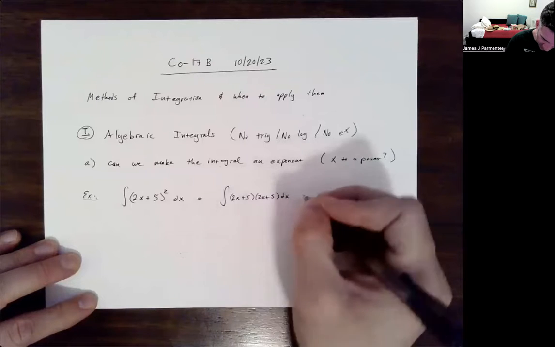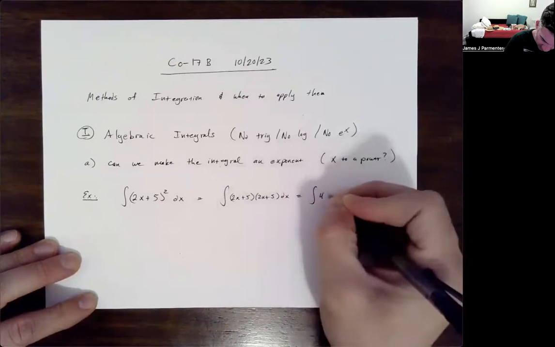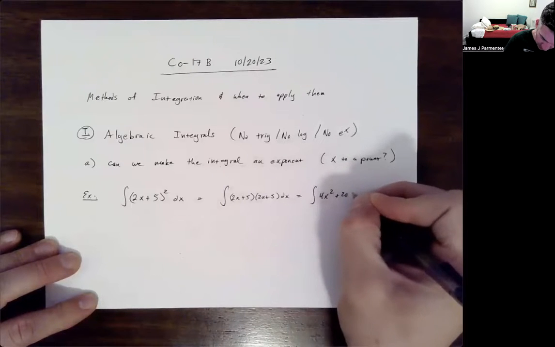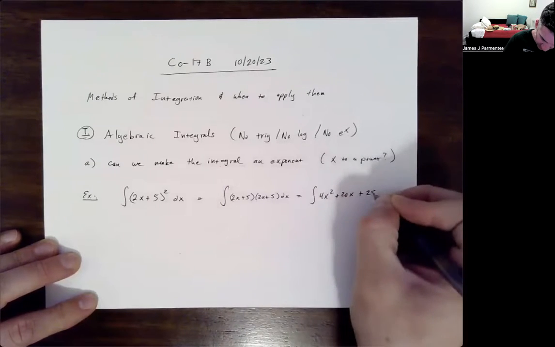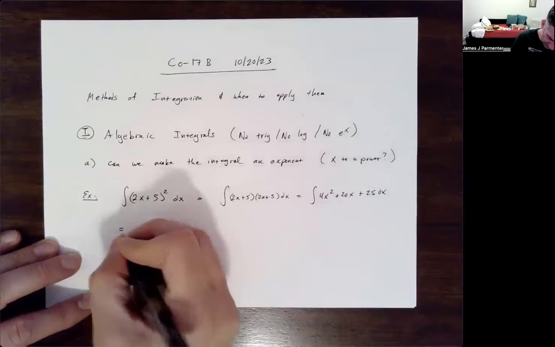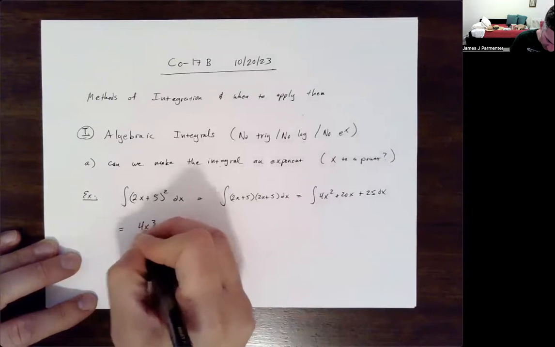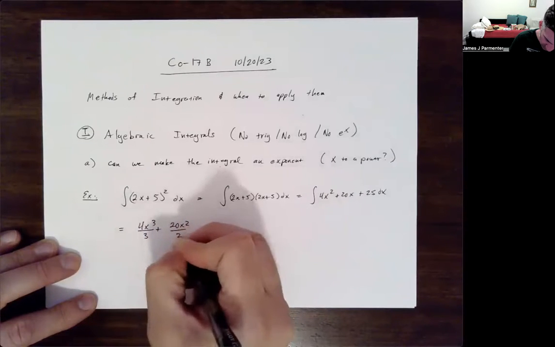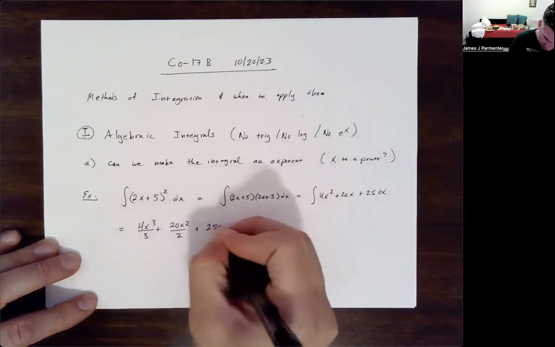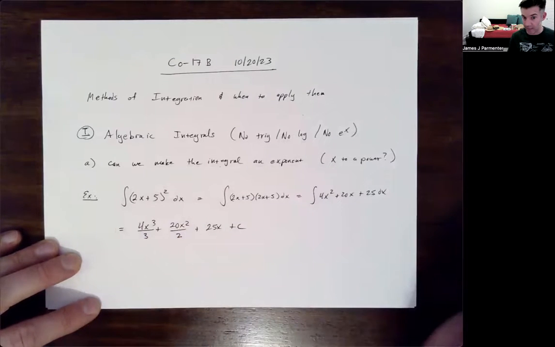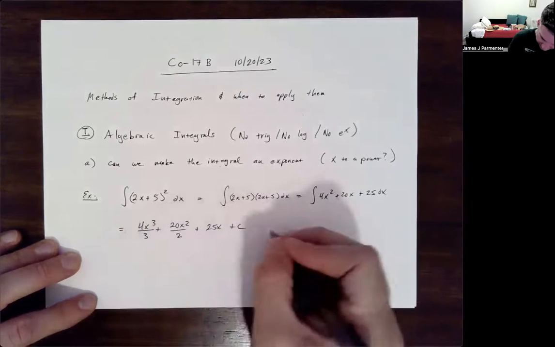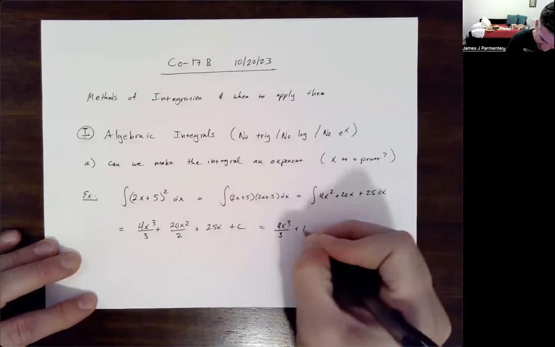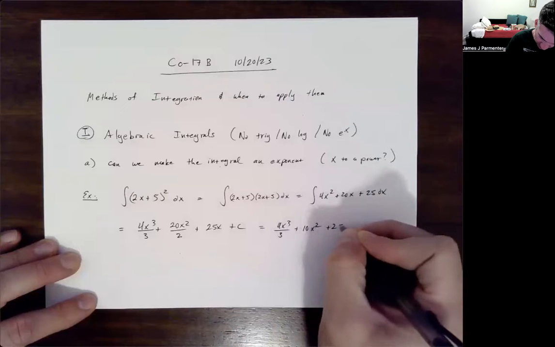And 2x plus 5 times 2x plus 5 is 4x squared plus 10x plus 10x is plus 20x, plus 5 times 5 is 25. We can anti-differentiate that. We're going to get 4x to the third over 3 plus 20x squared over 2 plus 25x plus a constant since it's indefinite. And then you could simplify that. I don't think that's really important, but we get 4x cubed over 3 plus 10x squared plus 25x plus c.